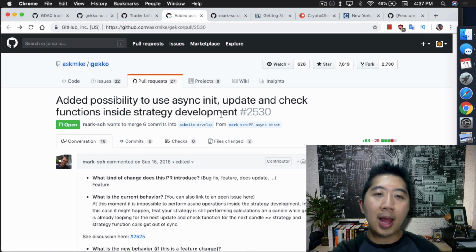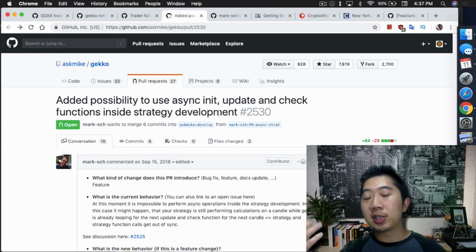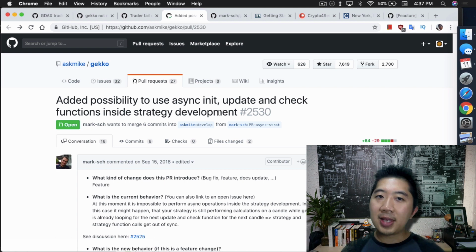These commits allow you to write asynchronous functions. Asynchronous is a way for your strategies not to block the main thread. It runs on the side, and then it comes back to the main thread when a specific thing happens, like when the exchange responds, or maybe a specific time has passed. That's the idea with these asynchronous functions.